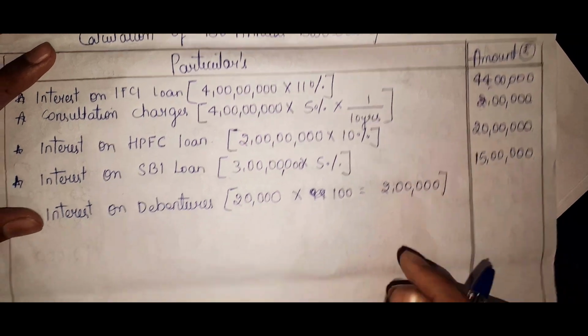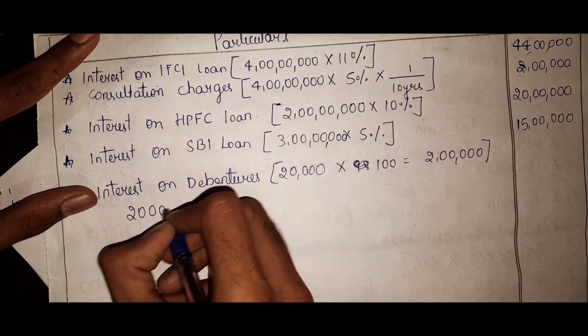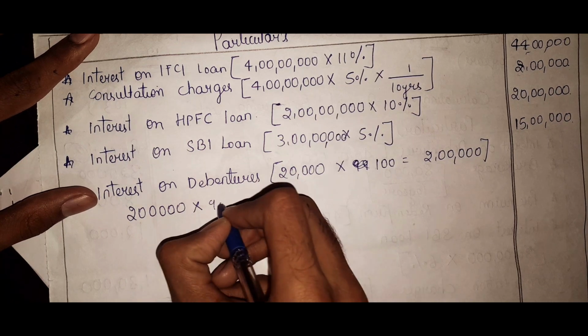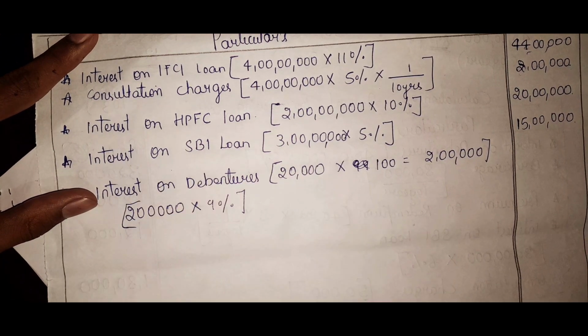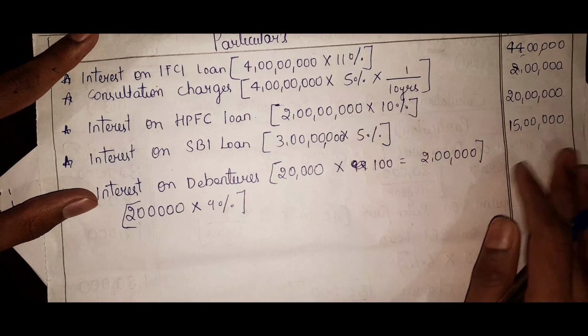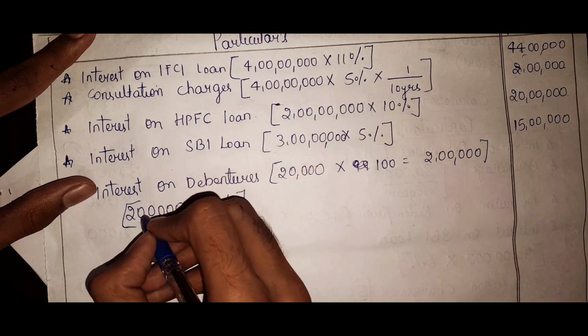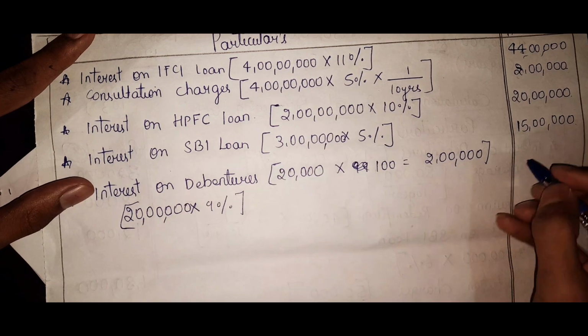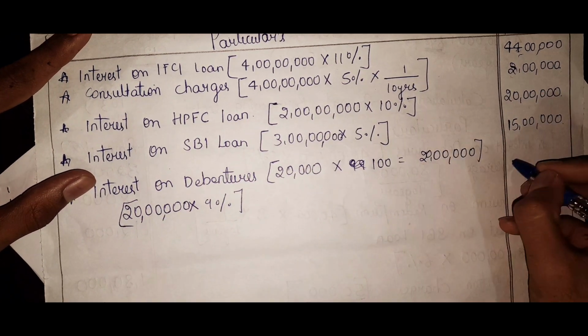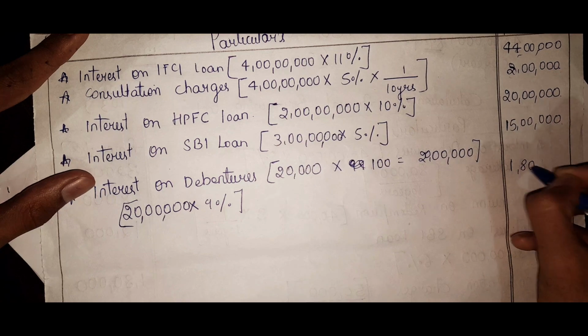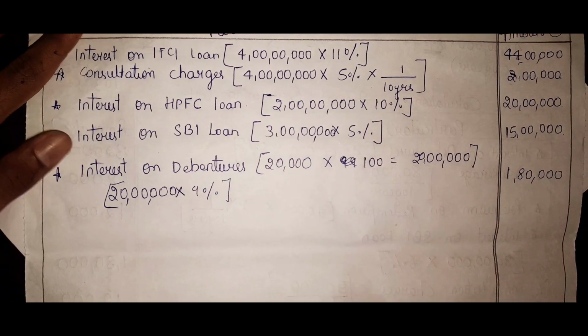Now on this 20 lakh rupees, first we need to pay the interest of 9%. 20 lakh into 9% will be 1,80,000.